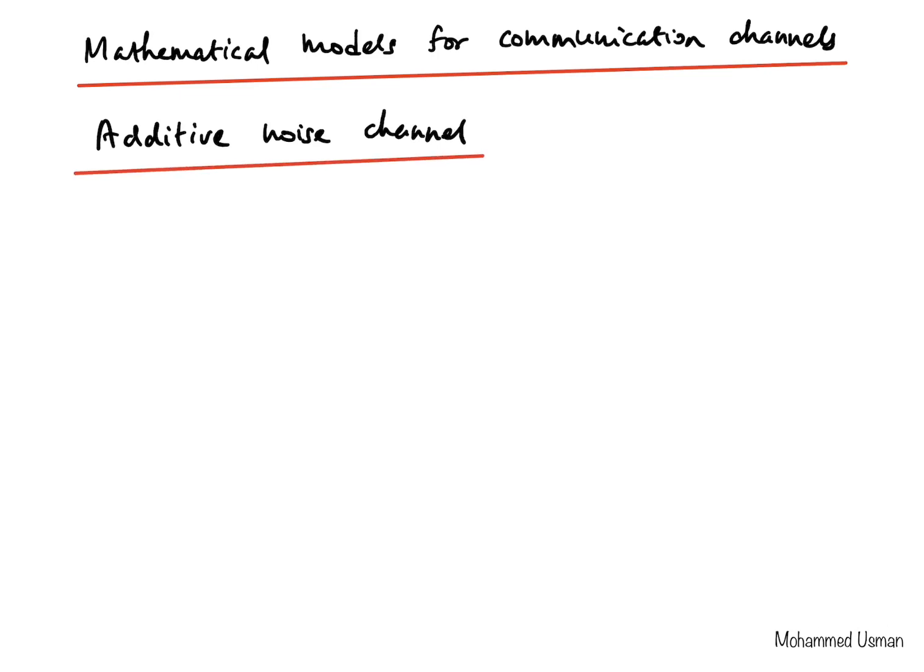So the effect on this channel is that whatever signal we transmit, the channel adds some noise to it, and the received signal is basically the sum of the transmitted signal and the noise component that gets added by the channel. So we can basically describe this in terms of a block diagram.